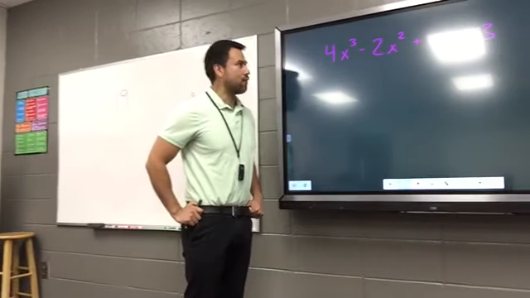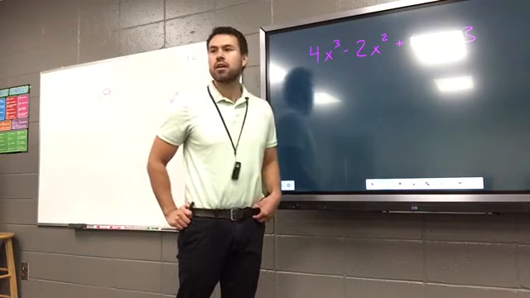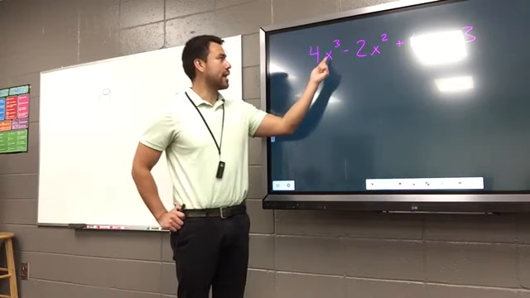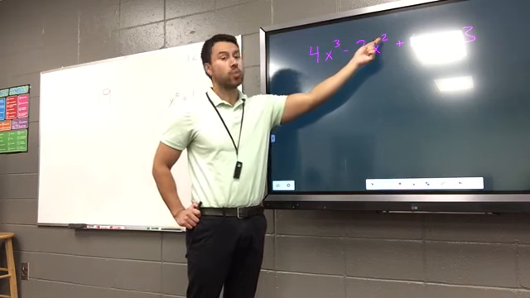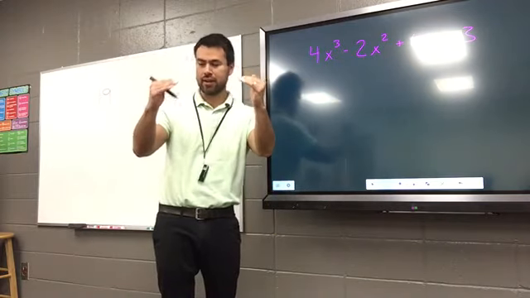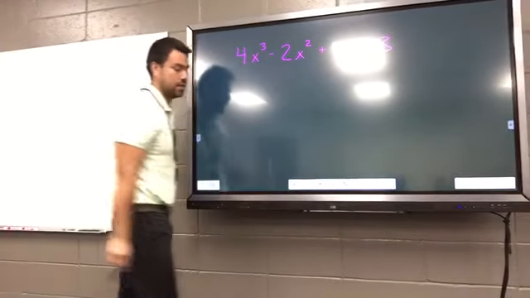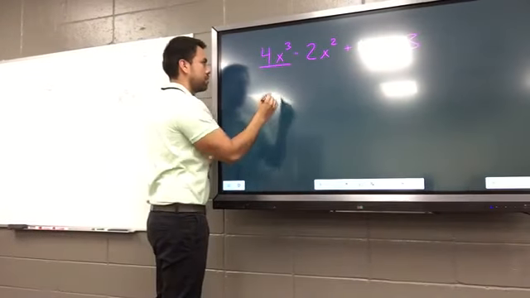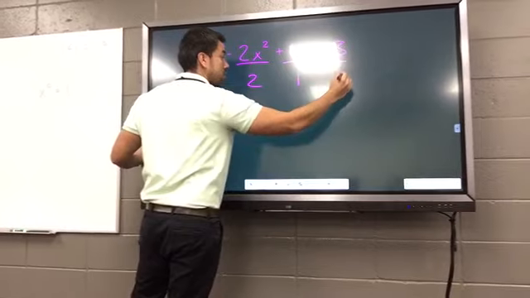Okay, I got 4x cubed minus 2x squared plus... wait, do you hear those words? 4x cubed, 2x squared. Same words? Square, quadratic, cubed, cubic. Okay, but anyway, we have how many terms up here? 4 terms. Okay, good. What's the degree of the first term? 3. Second term? 2. Third term? 1. Last term? 0. Good.